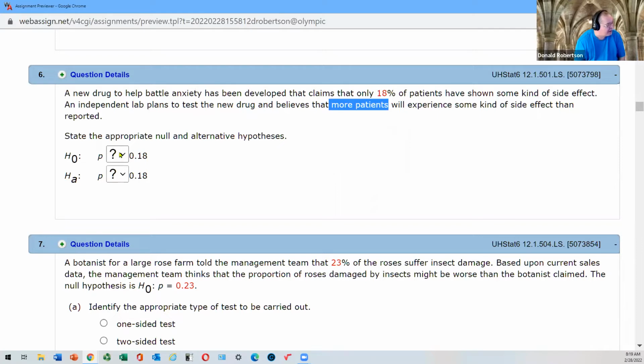Well, you're going to have a dead easy time with these questions. That's always equal. Remember what I said? Null hypothesis is always equal to, in this case, 18%. And we think it's more. So the alternate is, we think the percentage is bigger than that. So are we getting a little bit more comfortable with how you can take a story and turn it into a null and its corresponding alternate hypothesis?